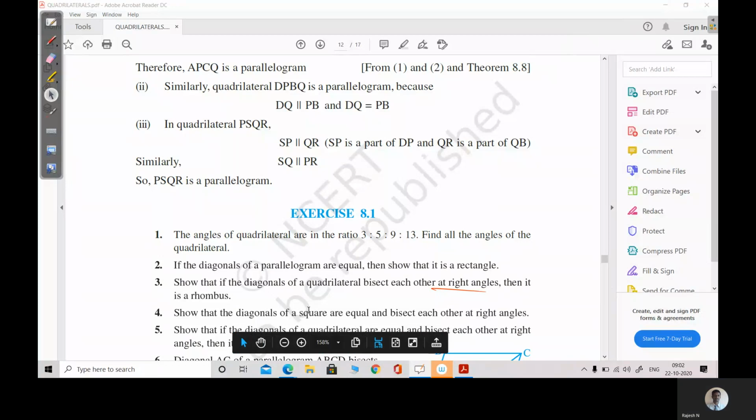Diagonals of a square are equal and bisect each other at a right angle. Square means all sides are equal.